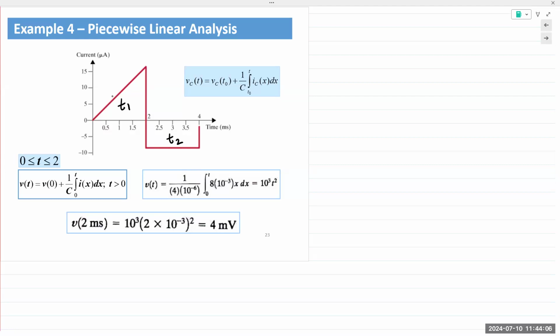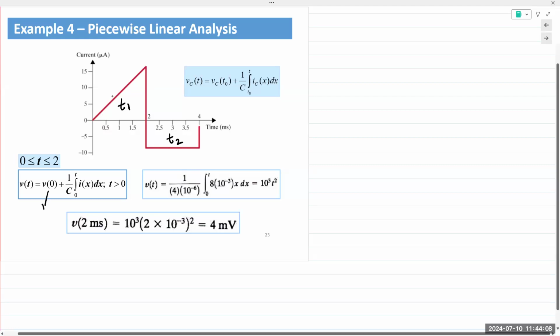This right here is the time period minus infinity to 0, which means the initial stored energy for T1.